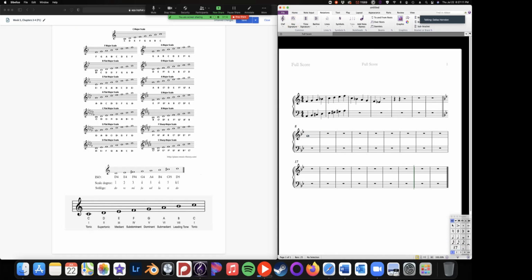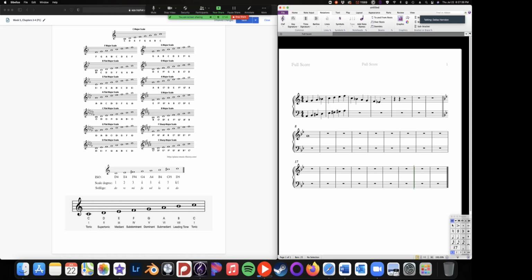I want to identify the scale degree, the solfege, and the scale degree terminology for the note G in B flat major, which of course has two flats, B flat and E flat. So first of all, thinking about what the tonic is, B flat major, the tonic scale degree 1 is B flat, and then I can approach it a few different ways.